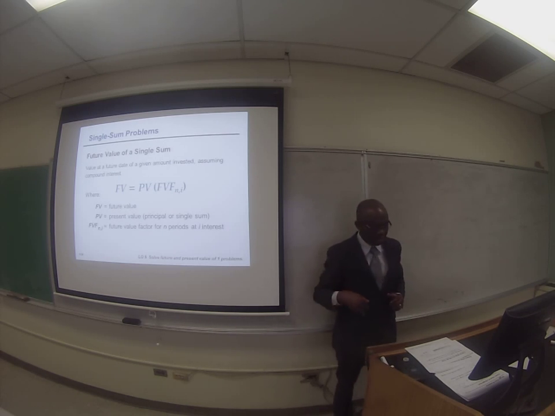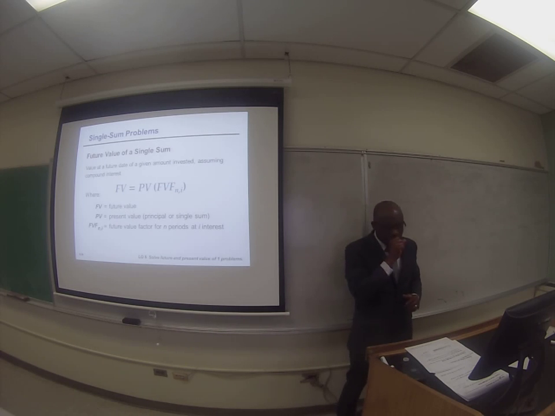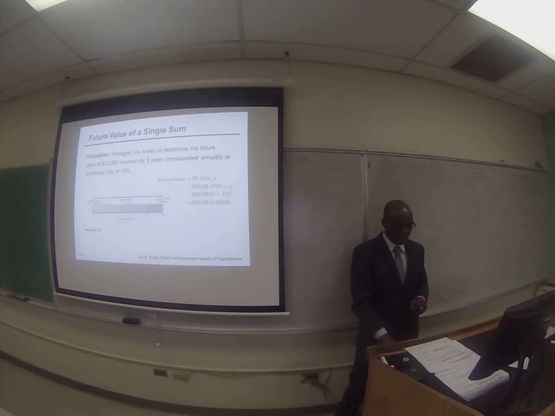the formula here for determining the future value of a single sum. So here are the variables. FV stands for future value, PV stands for present value, which is the principal of single sum. FVF stands for the future value factor for n periods at i interest. So let's put all these pieces together.